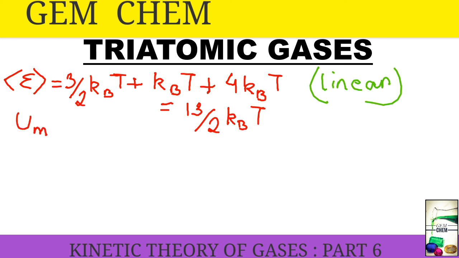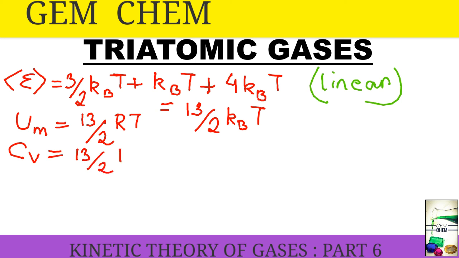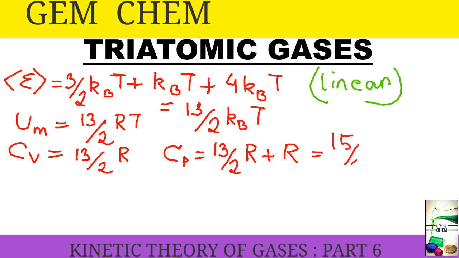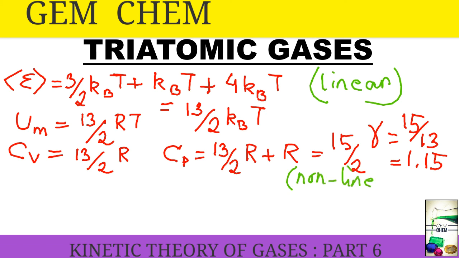So Um becomes 13/2 RT, Cv comes to be 13/2 R. So Cp becomes 13/2 R plus 1 R, that is 15/2 R. So the gamma obtained is 15/13, which is equal to 1.15.